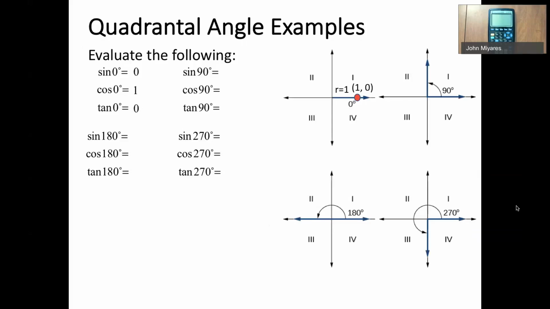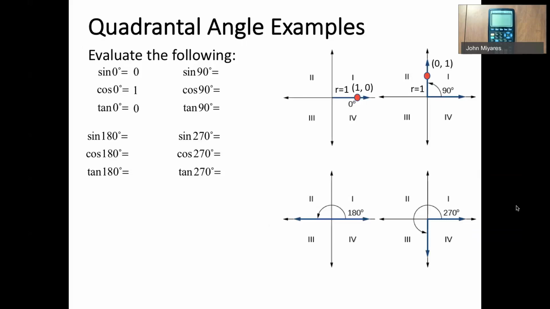For a 90-degree angle, the terminal side lies on the positive y-axis, so we can pick any point on the positive y-axis as our reference point. So for simplicity's sake, we're going to choose 0, 1, which again will only be 1 unit away from the origin.